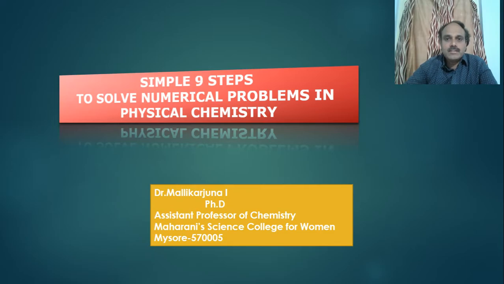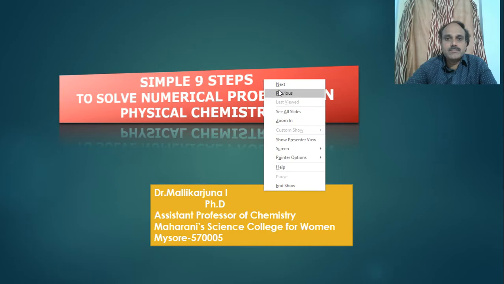And even if everything is done properly, the final answer may be wrong. To avoid those mistakes, if students follow these simple 9 steps, they are definitely able to solve the problems step by step.